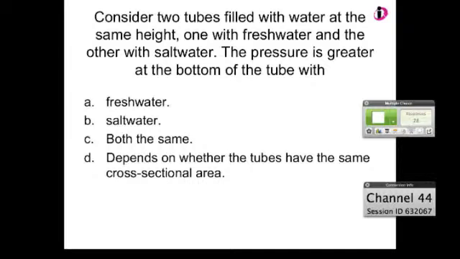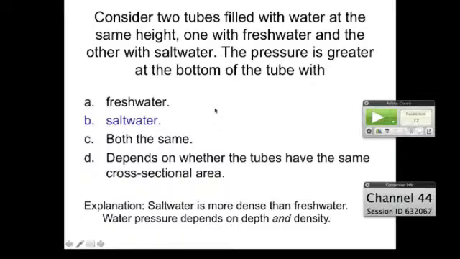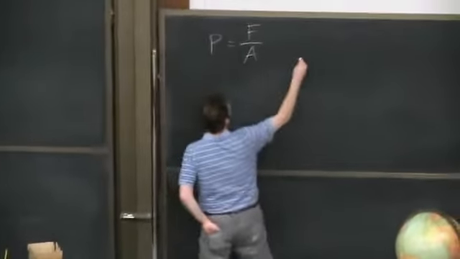10, 9, 8, 7, 6, 5, 4, 3, 2, 1. All right. Most of you B. That's correct. As it says there, salt water is more dense. So not only does pressure depend on the depth, it depends on density.